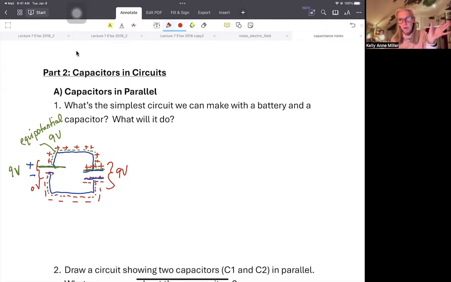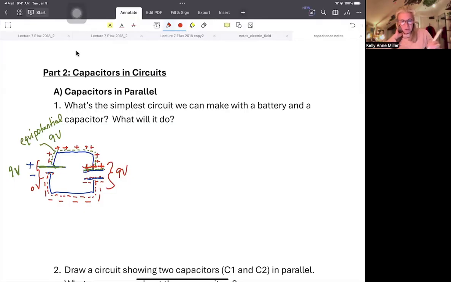Both the battery and the capacitor will be at a potential difference of 9 volts. Once this plate becomes an equipotential line with the positive terminal of the battery, charge will stop flowing, because charge only moves when there is a potential difference between two points.